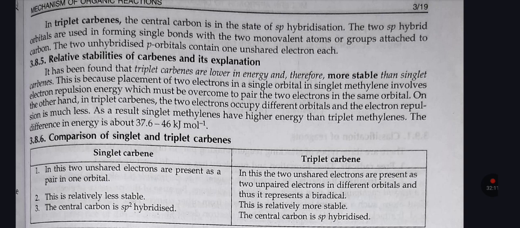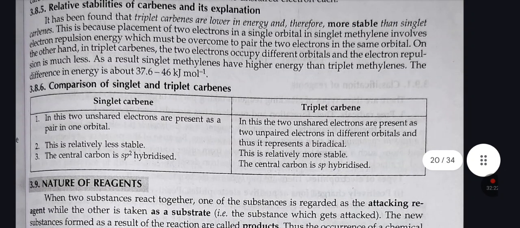Relative stability of carbene and their explanation. It has been found that triplet carbene is lower in energy and therefore more stable than singlet carbene. This is because placement of two electrons in a single orbital, as in singlet methylene, involves electron repulsion energy which must be overcome to pair the two electrons in the same orbital.